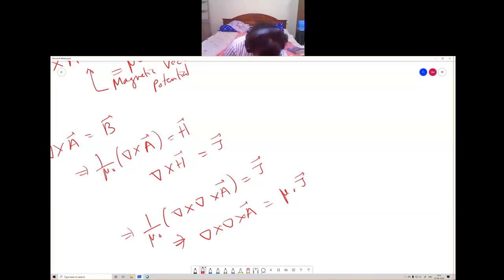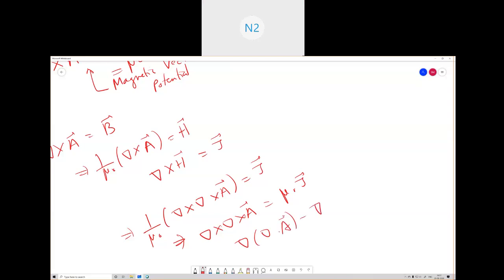Not 0. Then what? The gradient of divergence of A minus the Laplacian operator into A.